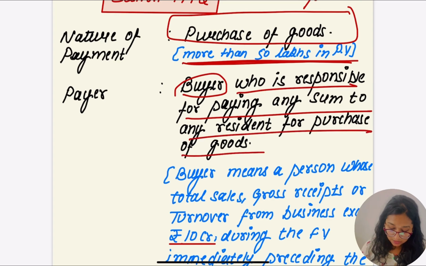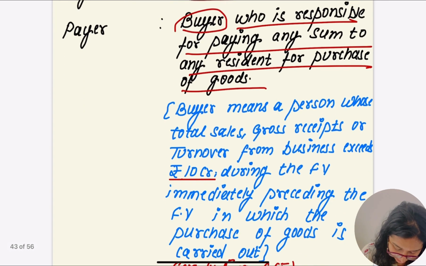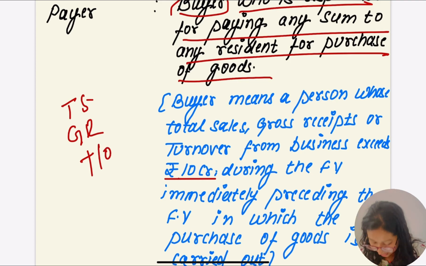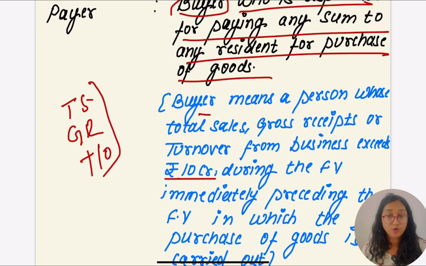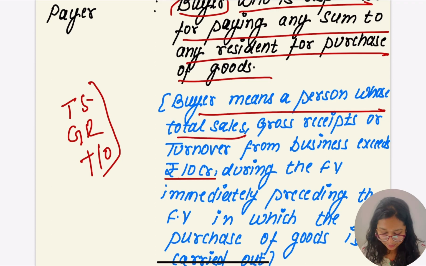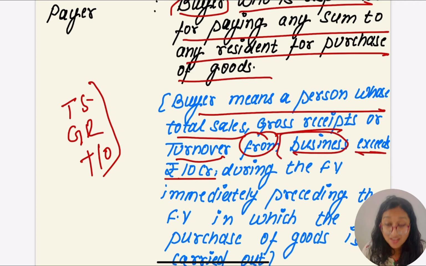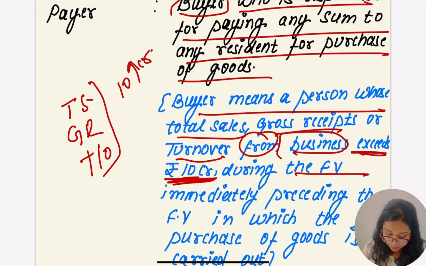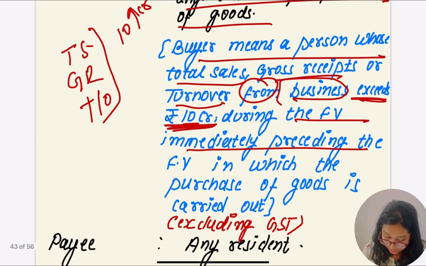But there is one more thing. Buyer means a person whose total sale, gross receipt or turnover from the business exceeds 10 crore during the financial year immediately preceding the financial year in which the purchase of goods is carried out.